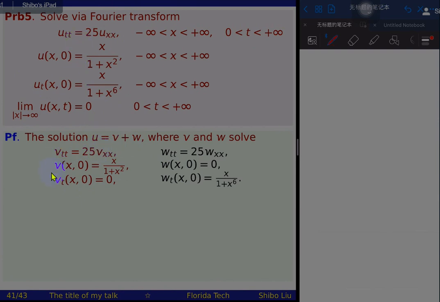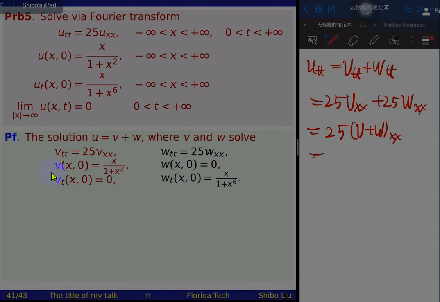For example, u_tt equals v_tt plus w_tt, but v_tt is 25 v_xx and w_tt is 25 w_xx. Therefore their sum is 25 times (v_xx plus w_xx), which is (v plus w)_xx, that is 25 u_xx. So this u satisfies our PDE.